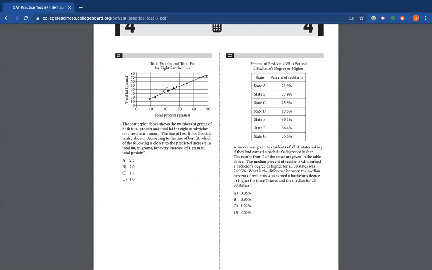So let's see. These are gonna be tough points. Let's use this point. Actually, let's try to use the points they gave to us. Nah, let's just use our points. It doesn't really matter. The error is gonna be so small. Let's say this looks like to me 18 comma 30.